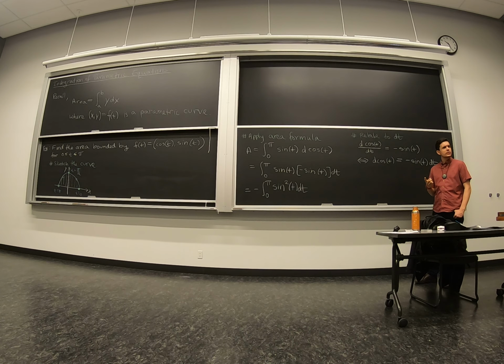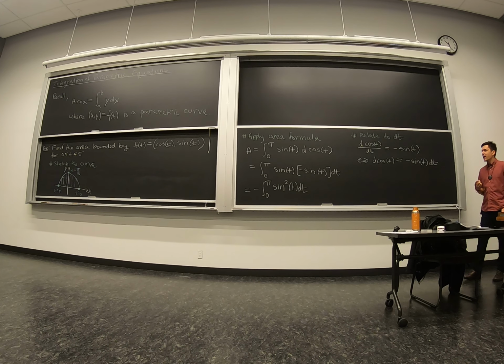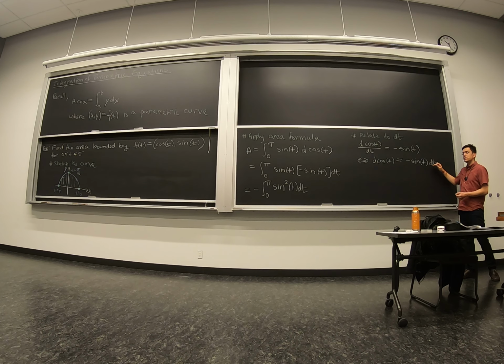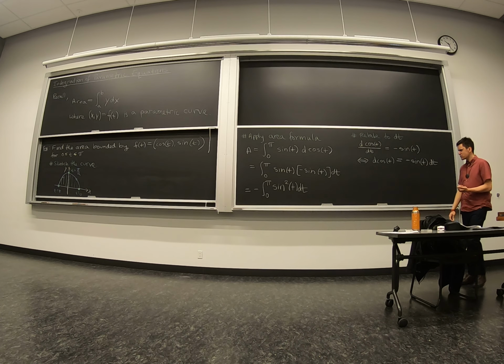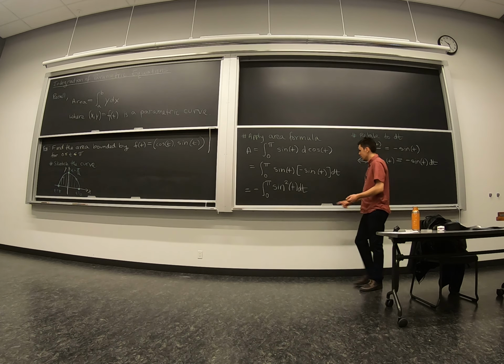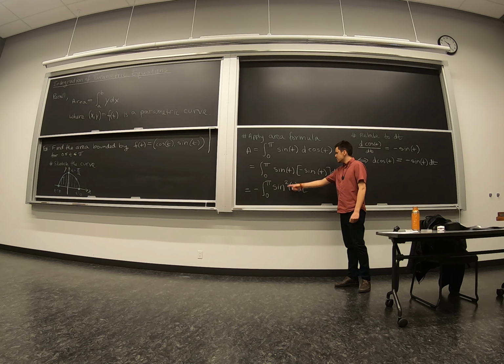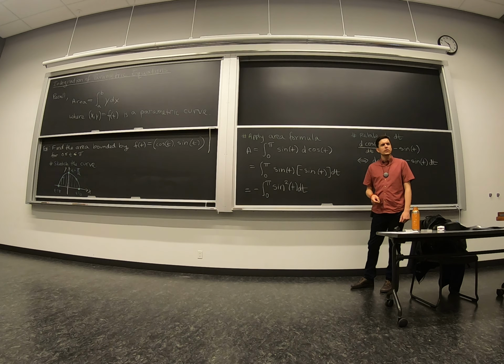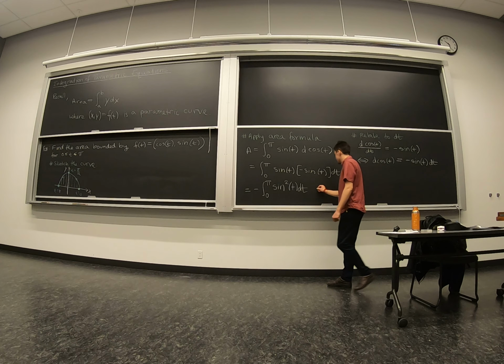And now this is a familiar kind of integral for us. Whenever we have d of a function, we're going to get the derivative of that function times dt, because we can do the same relationship through derivatives. Now, to integrate this, we have to do a little bit of trig wizardry.